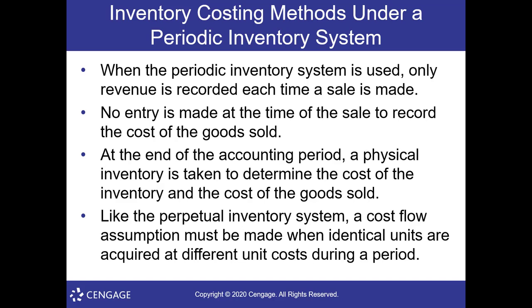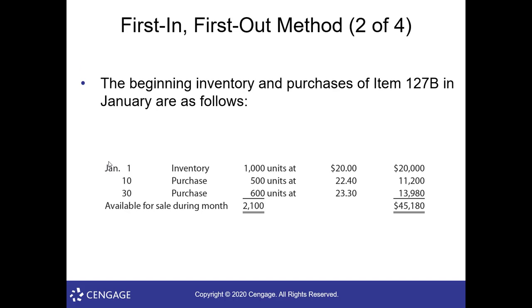And then we subtract the items that are left in ending inventory. So we go out and we count everything on the shelf, and that gives us the number of units sold during the period. So here's a simple example once again. It's a beginning inventory of 1,000 units, a purchase of 500 and a purchase of 600.